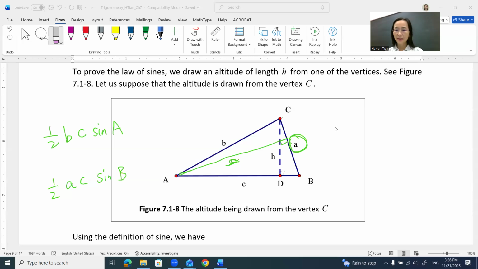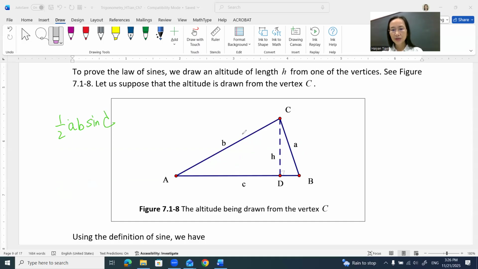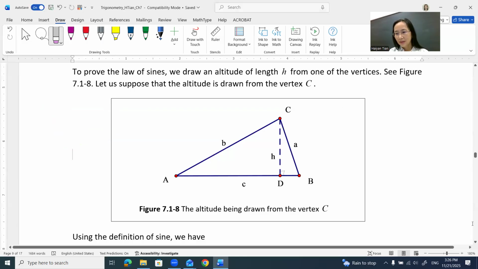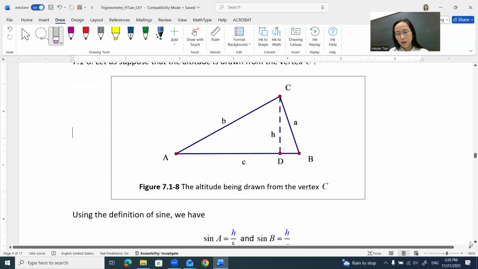So then we can get another version, which is half of ab sine capital C. Using these two sides and the angle formed by the two sides, we have half of ba times sine C. So that's another formula for the area of the triangle. Now you have three different versions of the area formula for the triangle.